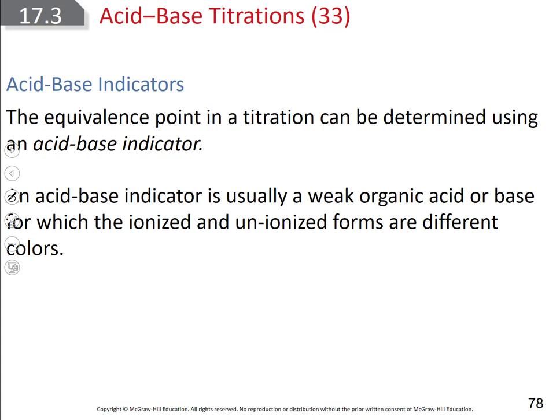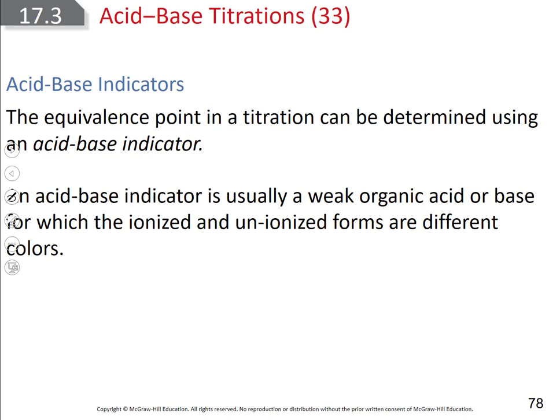So what was the indicator we used in the lab last week? Phenolphthalein. Good. Phenolphthalein is what color in acidic solution? Clear. But in basic solution, it turns what? Pink. So right when the titration switched at the equivalence point, we were titrating a weak acid with a strong base.